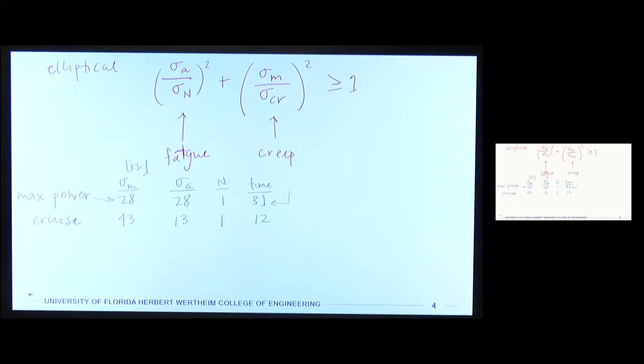For the flight idle, if we say that's kind of our third one down, we had a mean of 46, amplitude 10, we had 5 reversing cycles at that setting, and the time was 20 minutes.